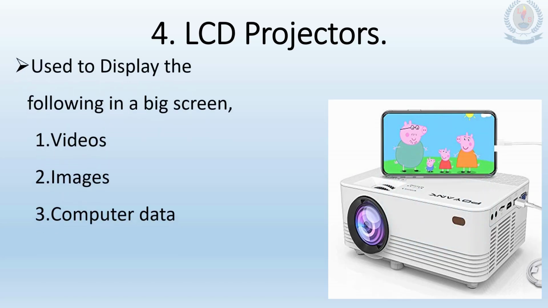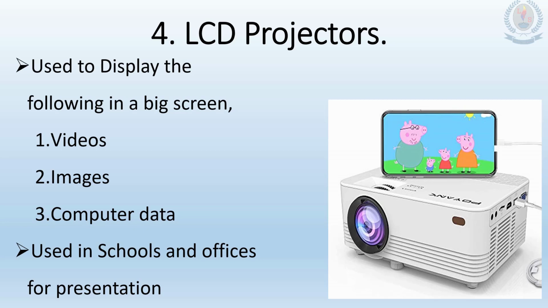And the fourth one is LCD projectors. This is used to display things on a big screen, such as videos, images, and any computer data we produce on a monitor. We can get a large screen using these projectors.